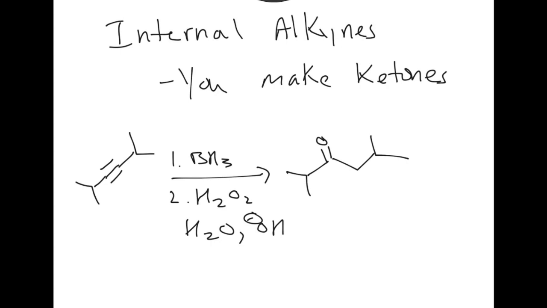It still has the same kind of problems as using water and sulfuric acid, right? That you need to have a symmetrical alkyne to only make one product. If you have an alkyne that's not symmetrical, you're going to end up making two different products.